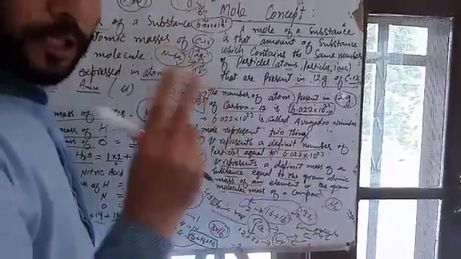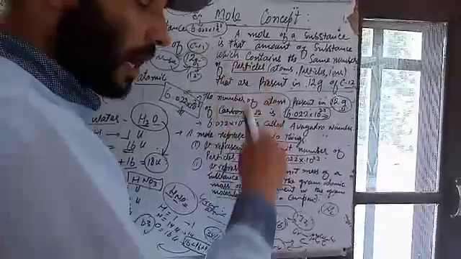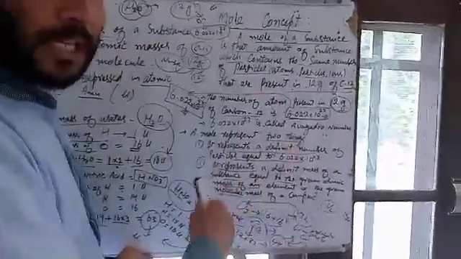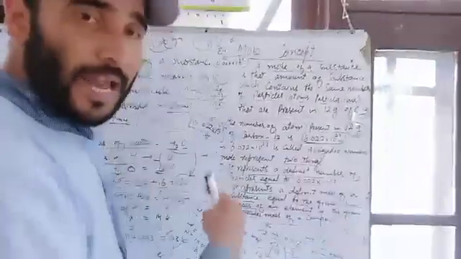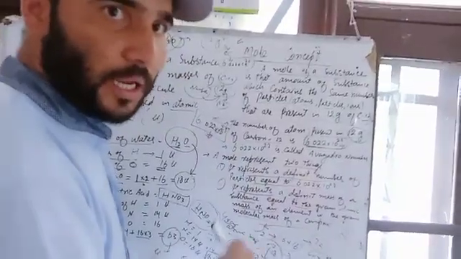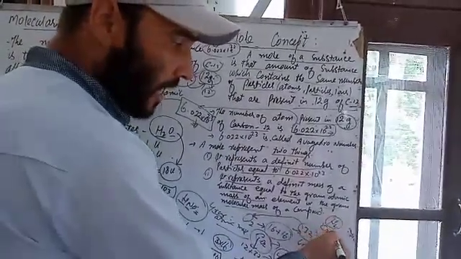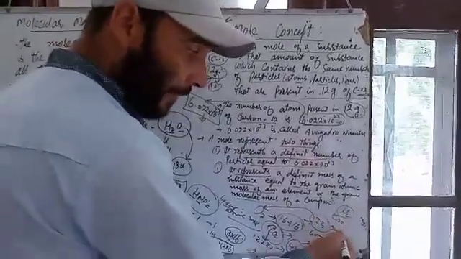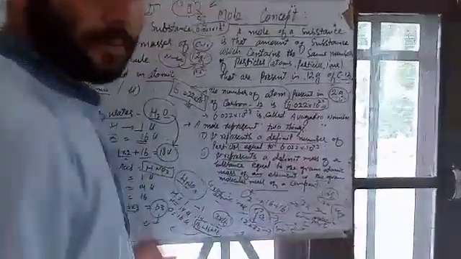It shows two things: number one is quantity, and number two is the gram atomic mass or gram molecular mass. Gram atomic mass is the mass of an element and gram molecular mass is the mass of molecules, simply the mass of molecules in grams. That means oxygen has 32 grams, carbon dioxide has 44 grams.